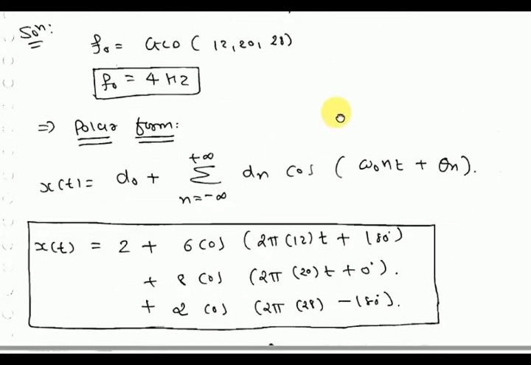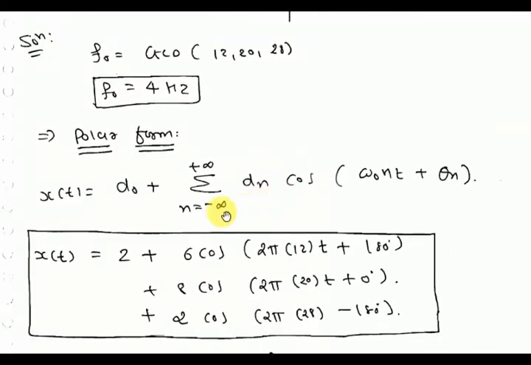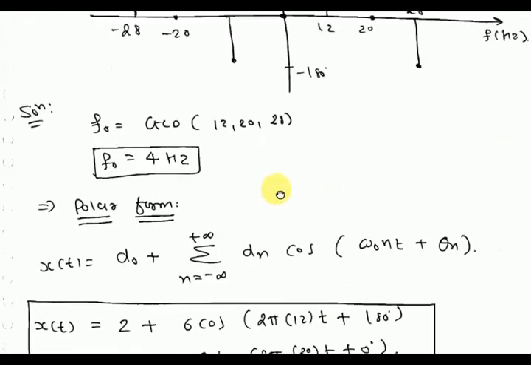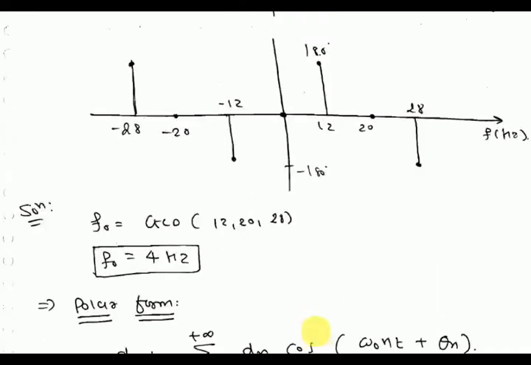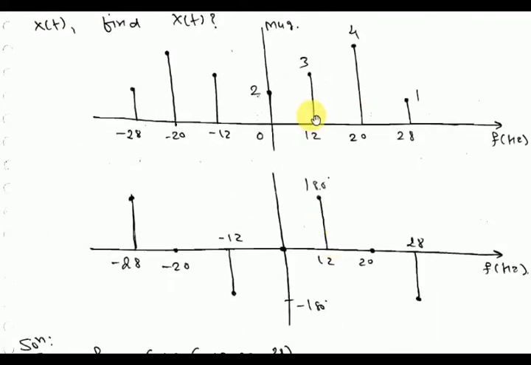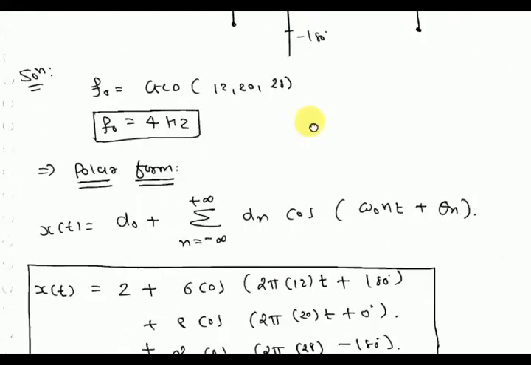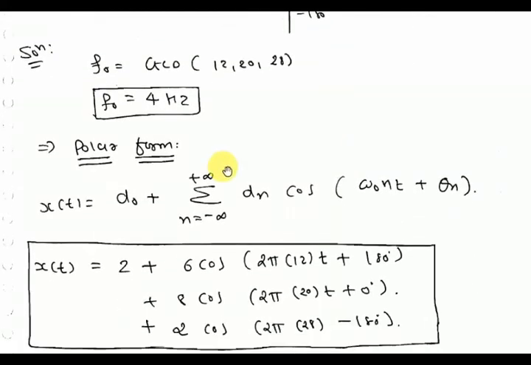So what is Dn? f naught is 4. So 12, this is 12. 12 means the third harmonic. So D3 is 3. On both sides it is 3, so you have to take 1 to plus infinity. That's why the limit is only for the positive side, and that's why you have to double it.